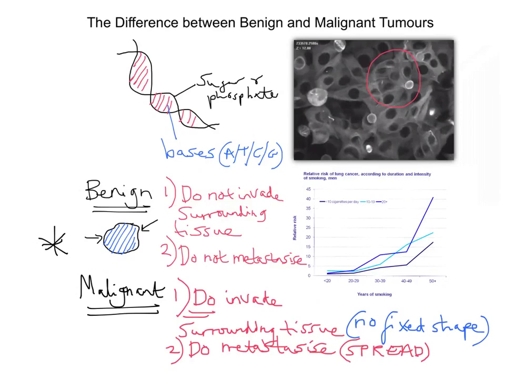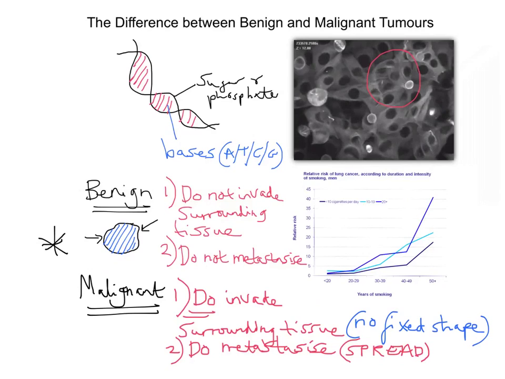So they're the key differences between benign and malignant tumours. Benigns don't invade surrounding tissue and do not metastasize, so they have a fixed shape. Malignant tumours do invade surrounding tissue and can therefore metastasize and spread.